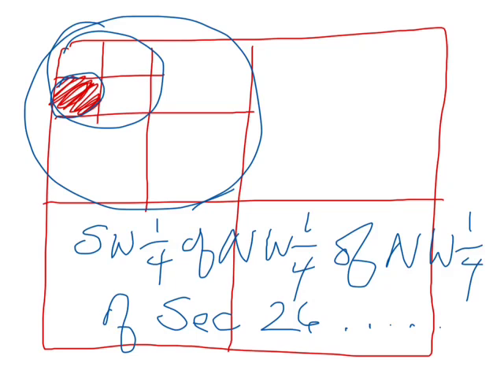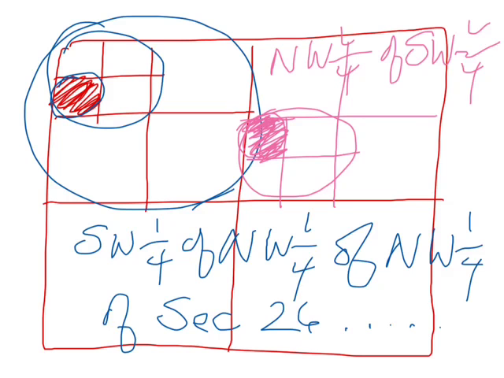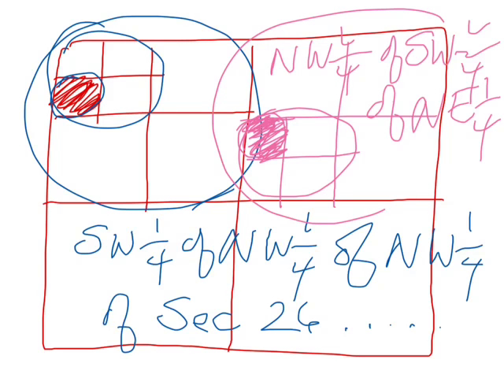All right? Now, let's do one more. Let's go over to this one. I hope that's pink. What you end up with is, notice starting here, that's the northwest quadrant, and then it is of the southwest quadrant of the northeast quadrant, which is this one.